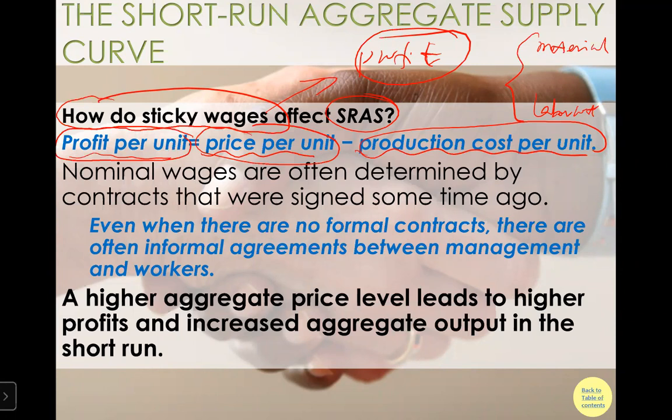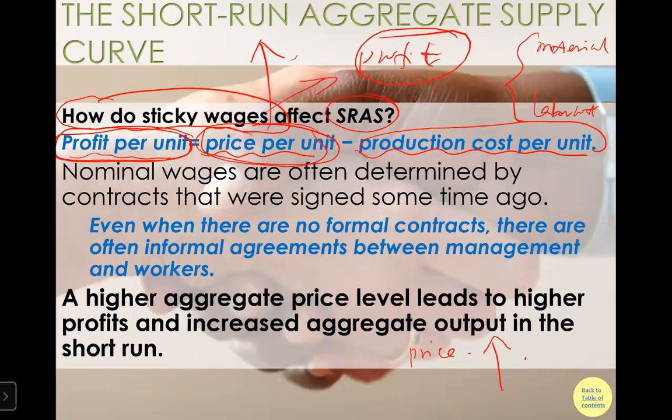Now just imagine there's a price change. Let's say there's an increase in price, right? How would that affect the profit per burger you sold? First, the price of the burger will increase, so this is going to increase.